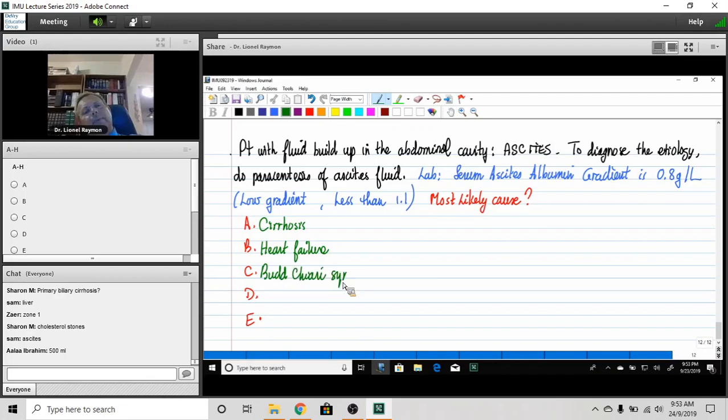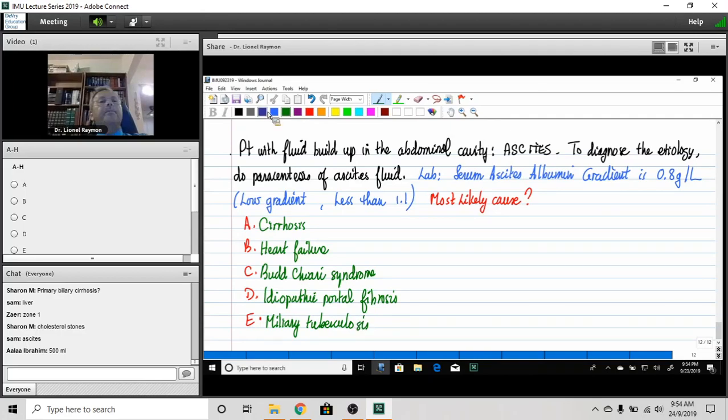You know Budd-Chiari, a hepatic vein thrombosis. I'm going to give you an idiopathic portal fibrosis instead of hepatic vein. And I'm also going to give you a patient with miliary tuberculosis. There we go. And now you try with those 5 choices.